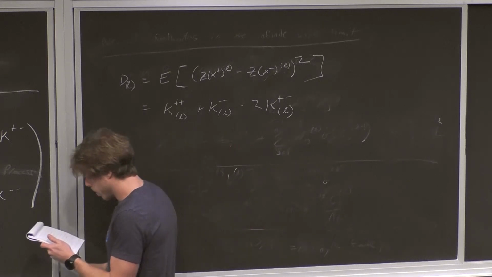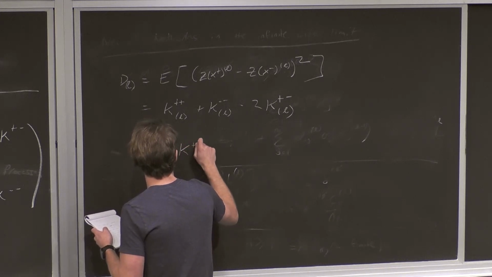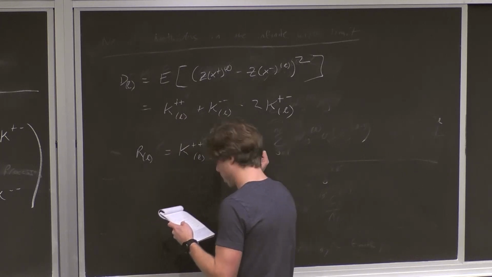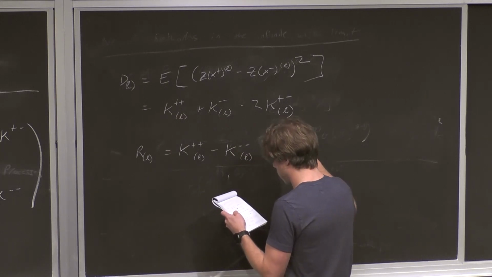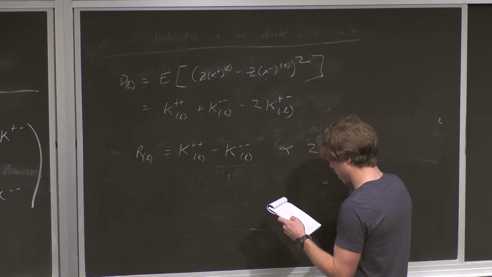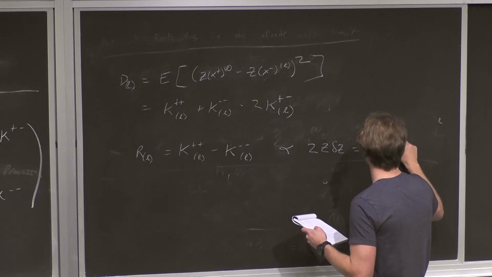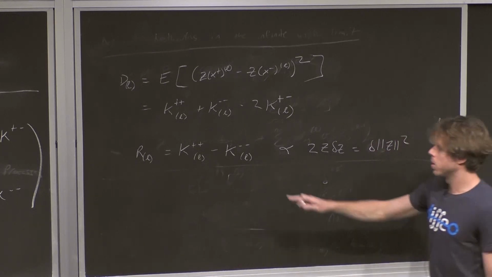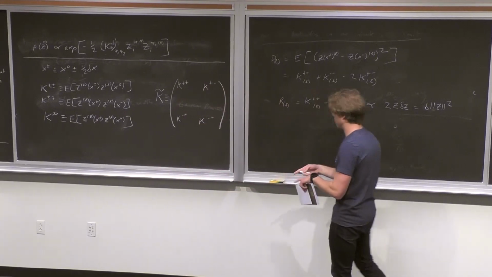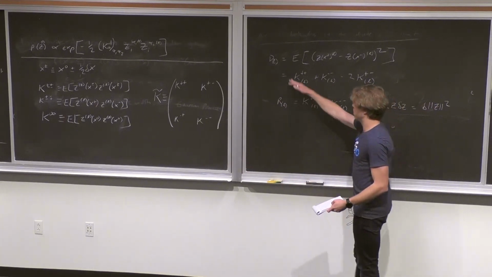Similarly, there's a related object, which I'll label R of L, which is given by k plus plus minus k minus minus of L. And this object is proportional to, schematically, 2 times z delta z, or the change in the norm of the pre-activation from layer to layer. So this is an observable that says how do nearby inputs propagate through the network, how does the difference between them change, and this says how does the norm of a signal change as it propagates through the network. So these are perhaps interesting objects to compute.